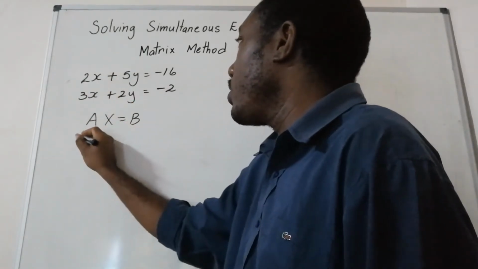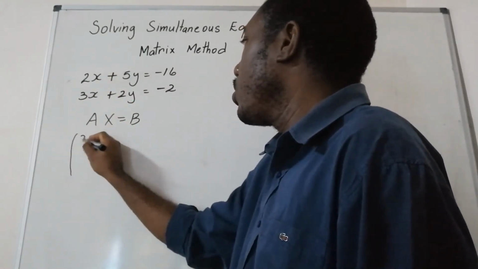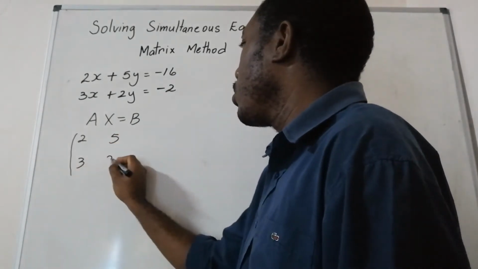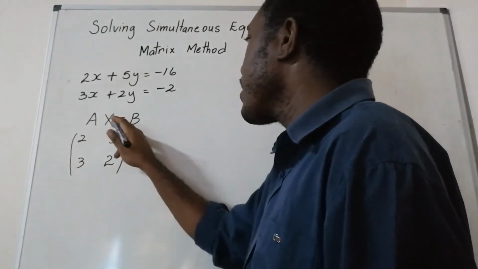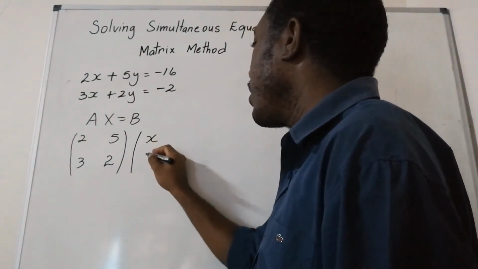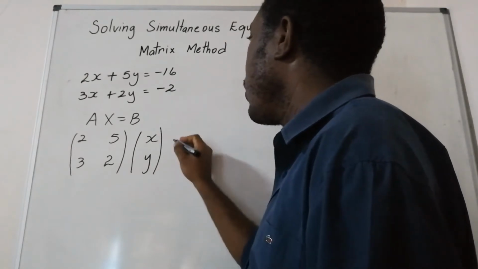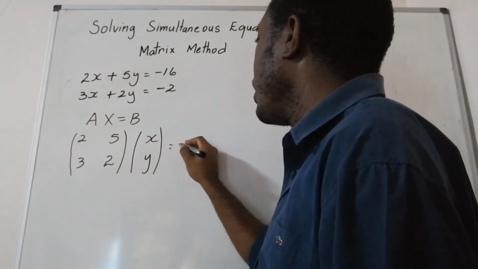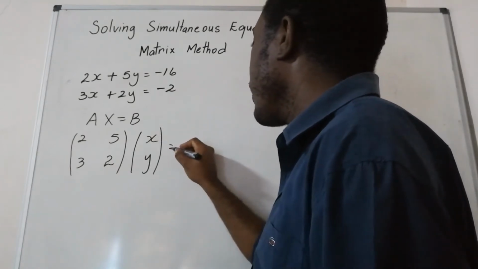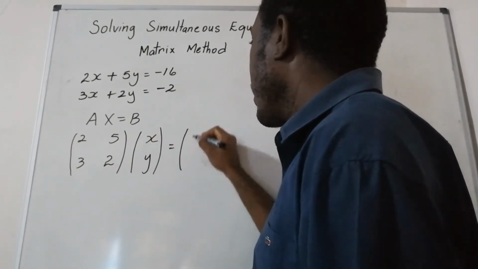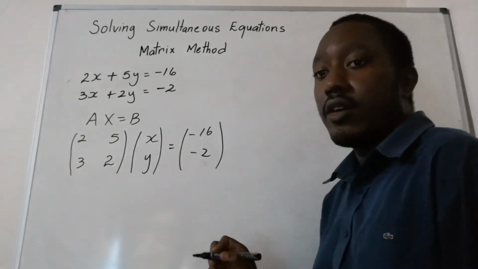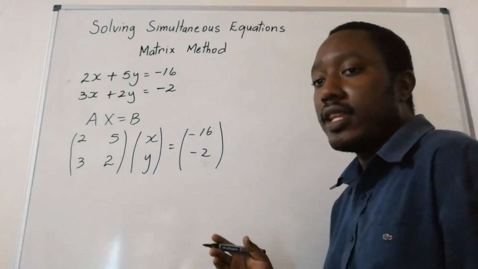So our coefficients will be 2, 5, 3, 2. X represents our unknowns, x and y. And B represents our answer, minus 16 and minus 2. All right? So first we have it in this form.